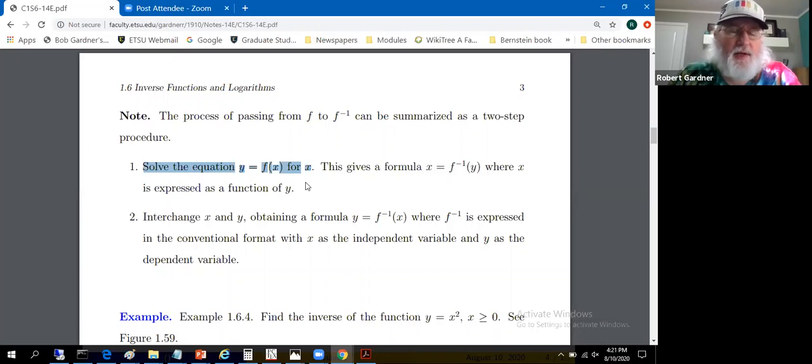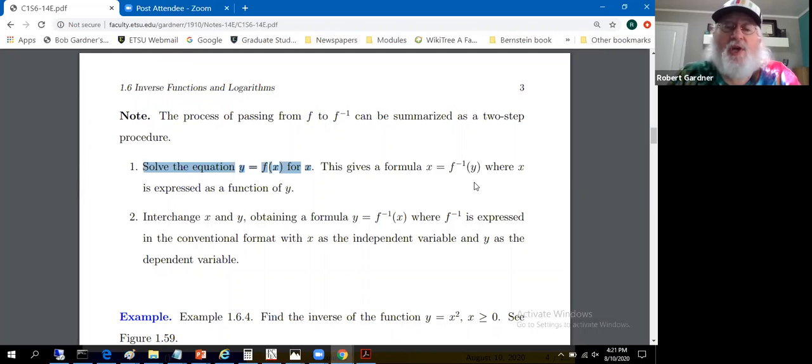Take a graduate or senior level modern algebra class and you get into the algebra of this. For our purposes, as complicated as we'll get is probably quadratic functions, maybe some cubing functions that are pretty simple. But solve for x in terms of y. That's what we'll do. And then the formula x equals f inverse of y is what we'll produce.